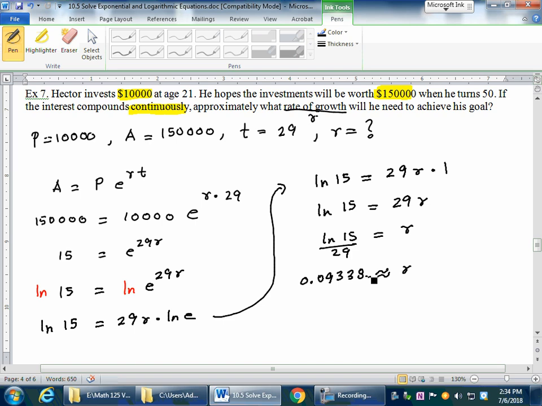So we count up to 4 decimal places right here, right? So that will become 0.0933 approximately. And then if I multiply by 100, that will become 9.33%. So approximately you need 9.33% to achieve this goal.